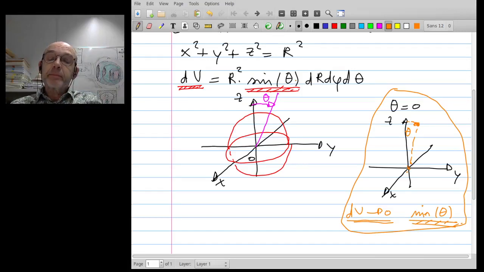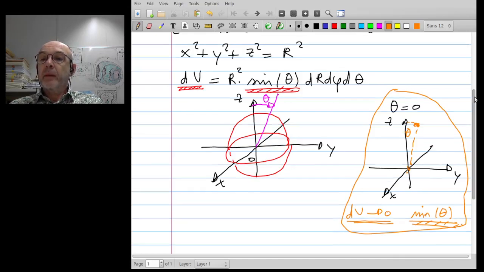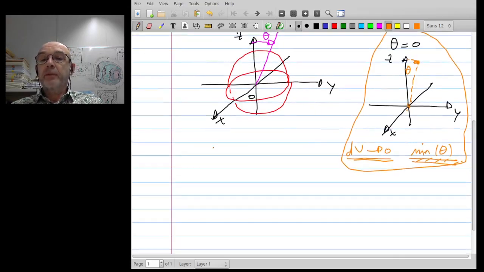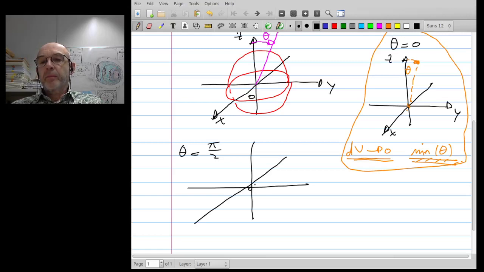Okay. And if theta is pi divided by 2, you are in a certain sense in the xy plane. Sorry, I will take some other color.